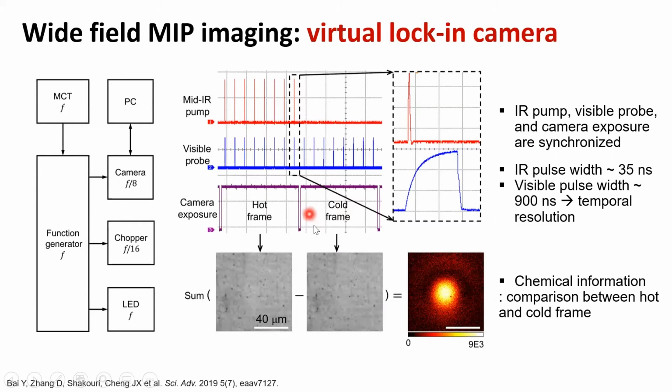In the cold frame, we turn off the IR and get the cold image. From the difference between hot and cold, we get the mid-infrared photothermal contrast. We call this a virtual lock-in camera. This was done at Purdue through collaboration with Ali Shakouri.